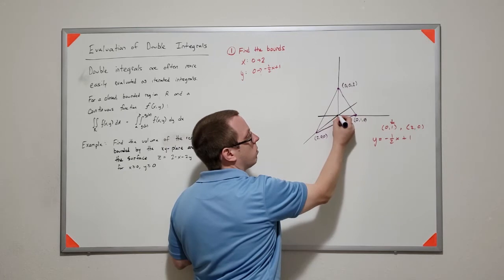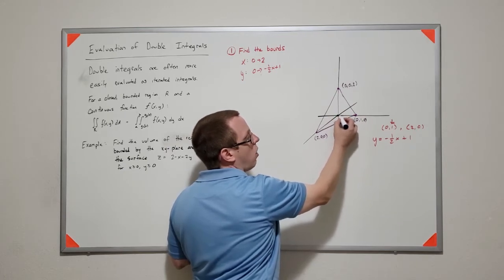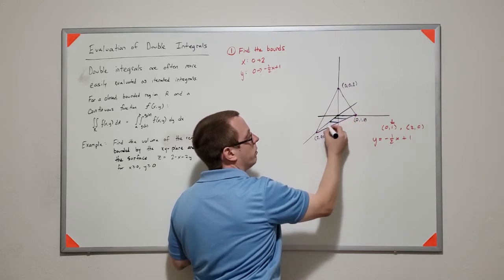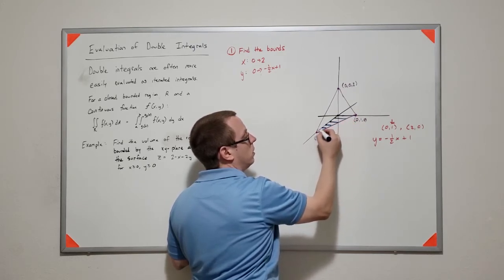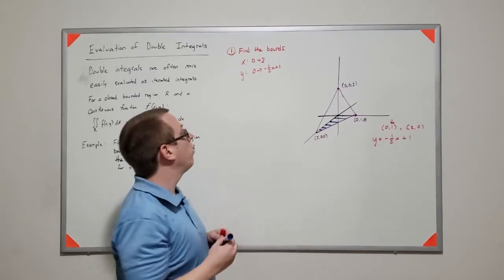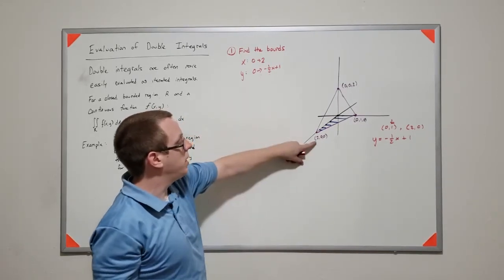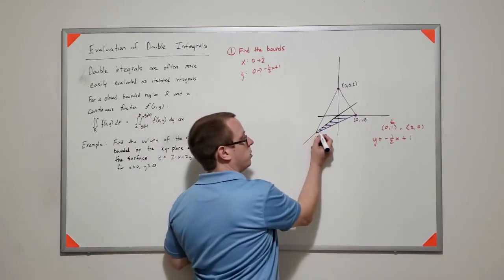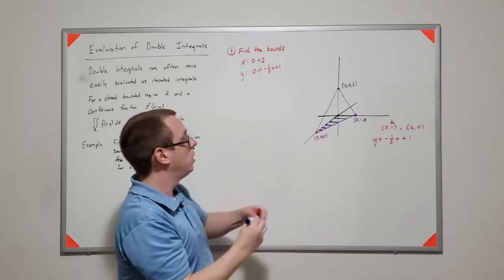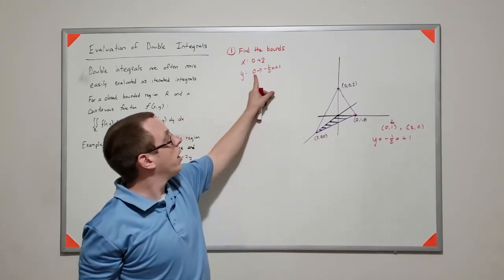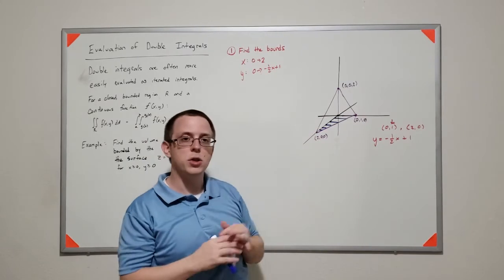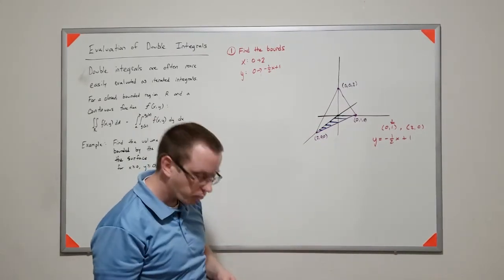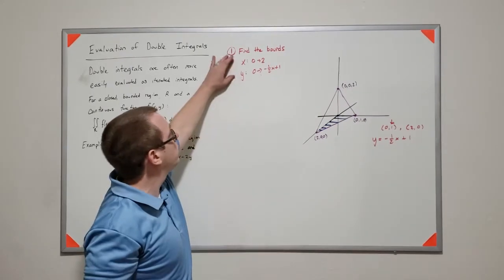So when x is 0, y has all of the values up to there. In this particular case, if x is 2, y just goes from 0 to 0, which is what you expect here. But when x is 0, y goes from 0 all the way to 1. So you need to think about how y is changing over that whole strip. That tells us our bounds.